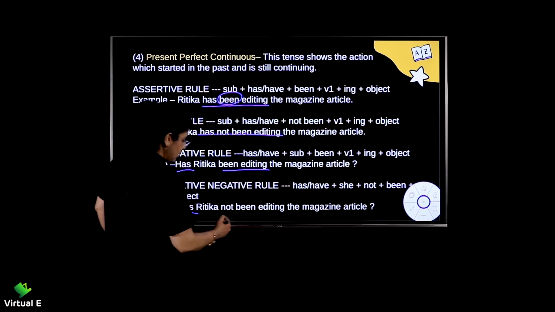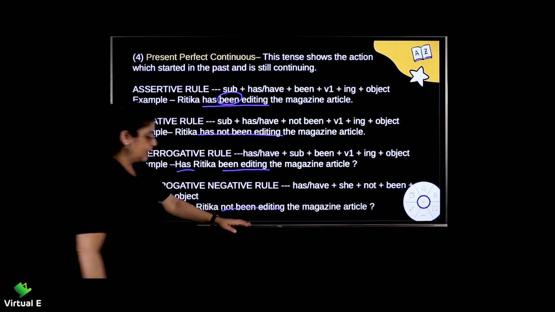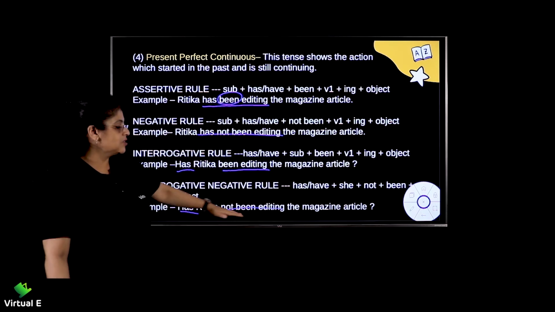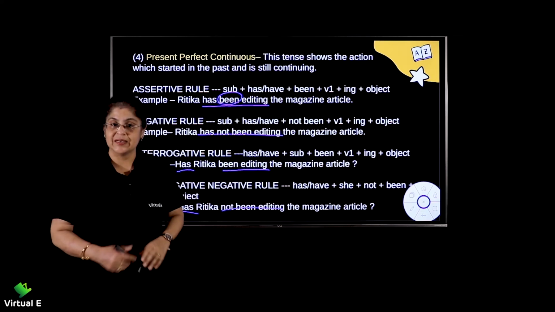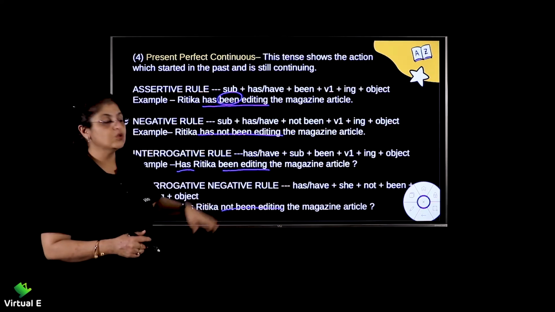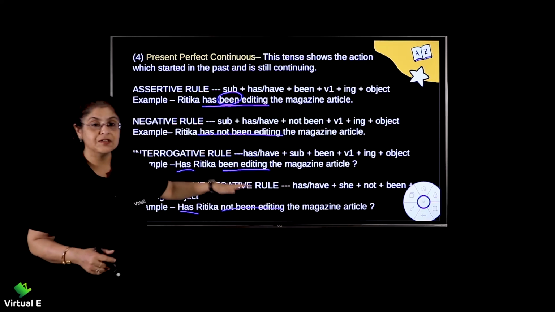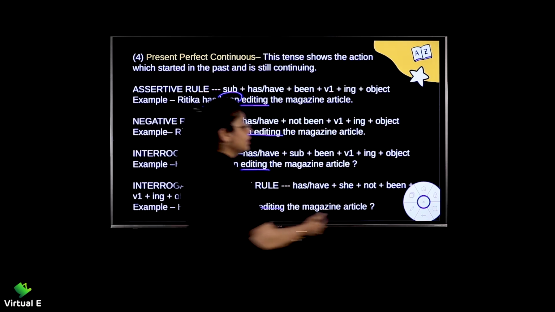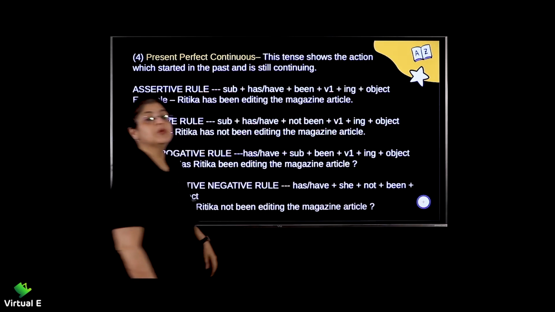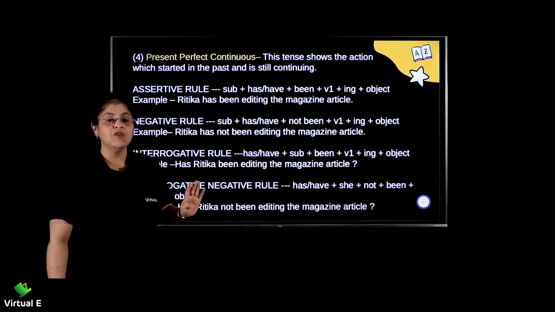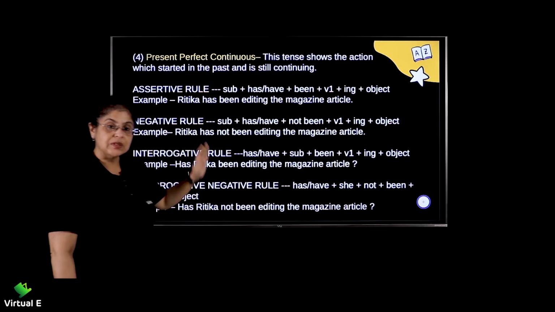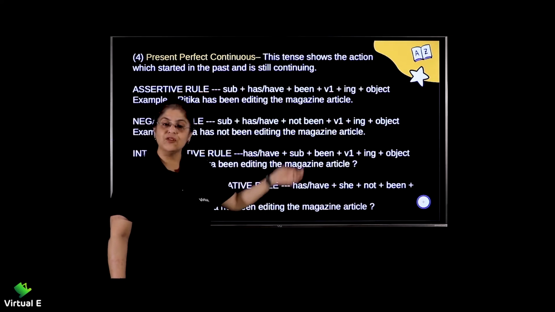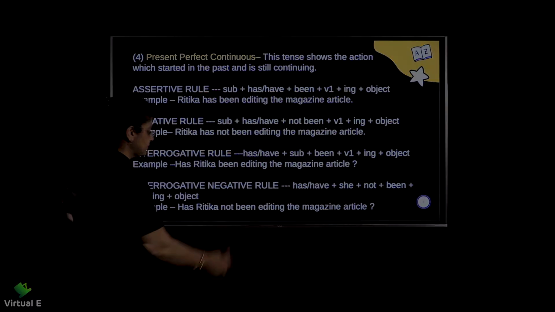So, again, you have all your identities. Sorry for this. Has Ritika not been editing the magazine article? This is how you will frame your interrogative negative rule, right? So I'm sure by now we are clear with the present tense. All the four forms. If you are thorough with the present, your past and future will go just like that.